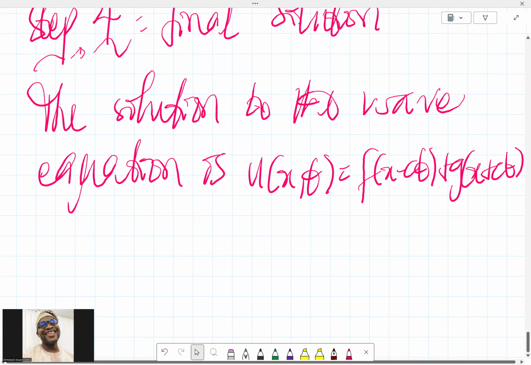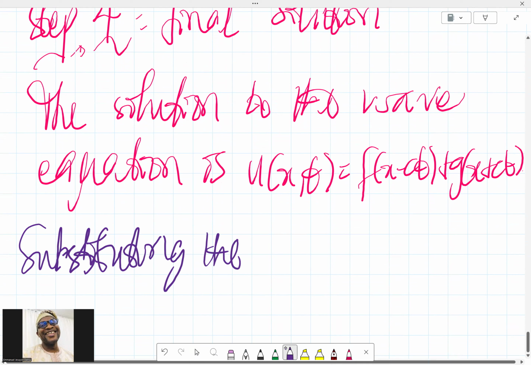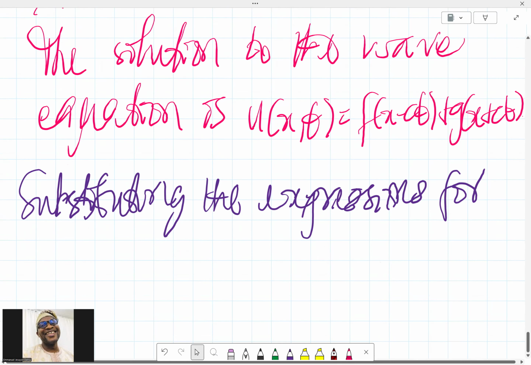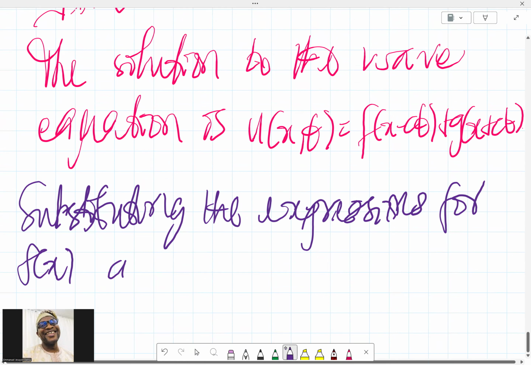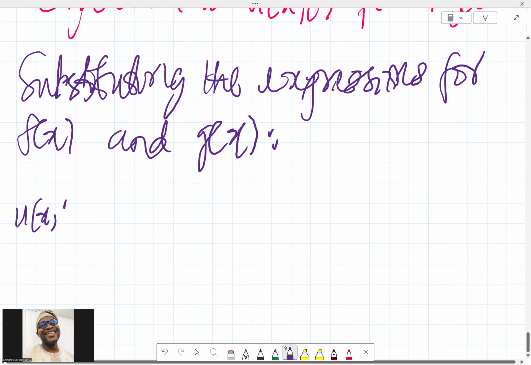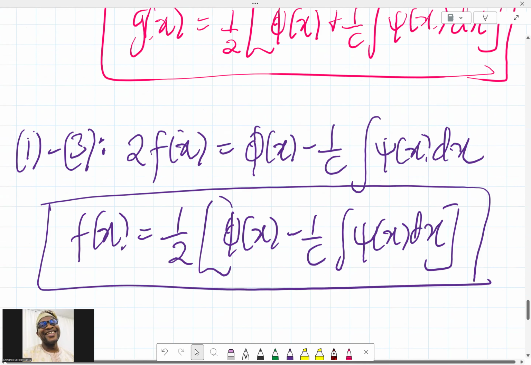So substituting the expressions for f of x and g of x will simply give us the result.